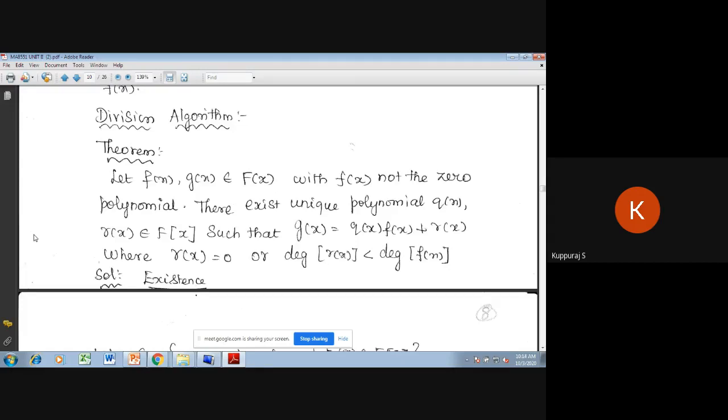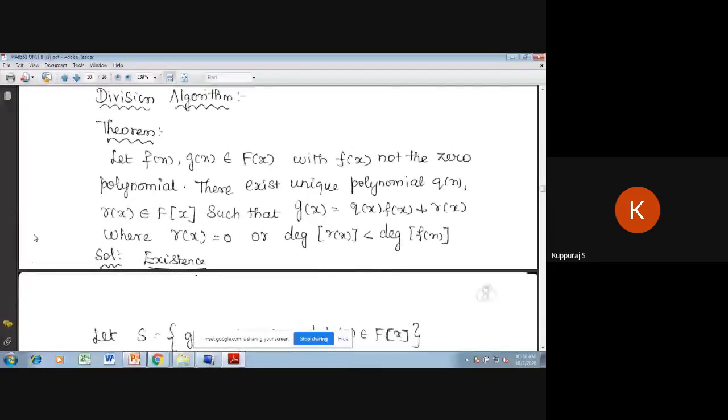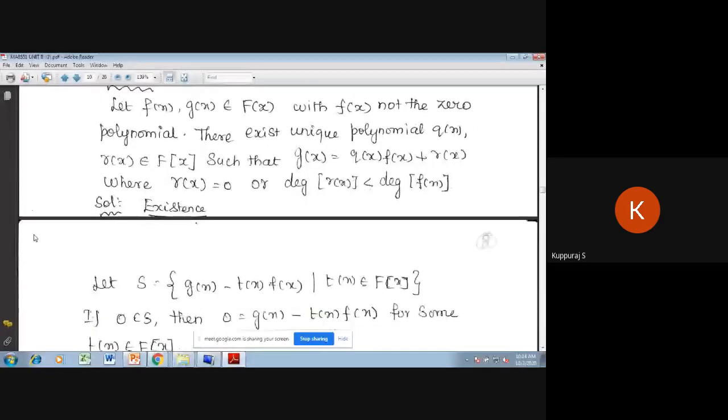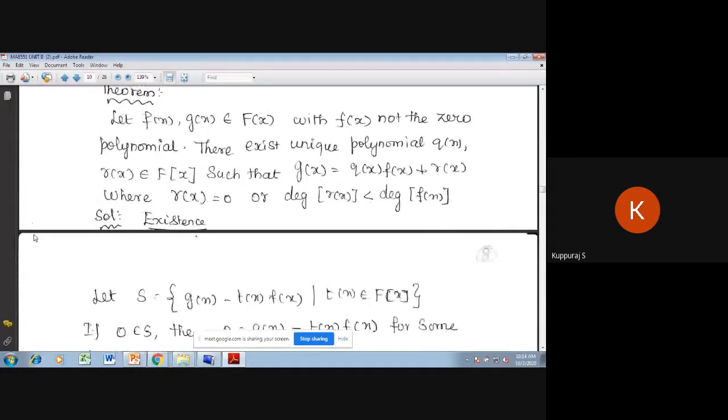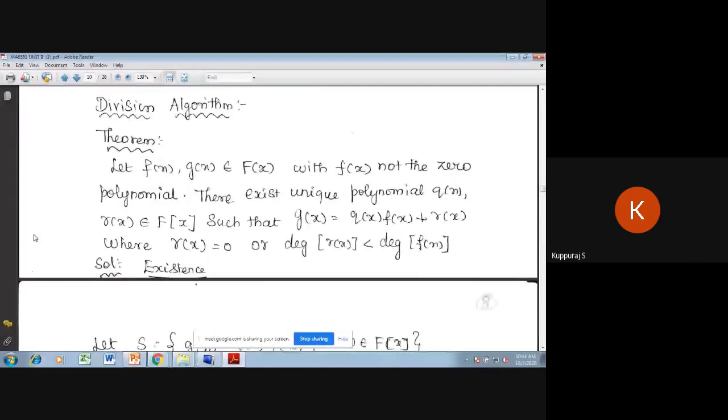So f of x is the divisor polynomial. So this is the division algorithm over polynomials.